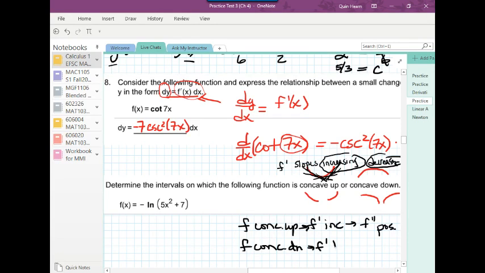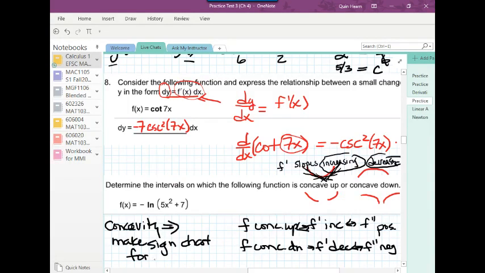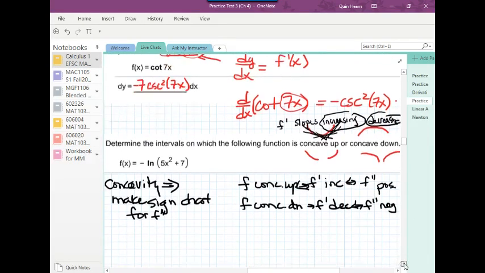Well, the answer to that question lies in the slopes, as calculus could have just been called the study of slopes, right? Everything's about slope. So notice that if I take tangent lines along a curve that's concave up and I look at them from left to right, we start with negative values, go through 0, and end up with positive values. The slopes are increasing. Okay. In other words, the derivative is increasing.